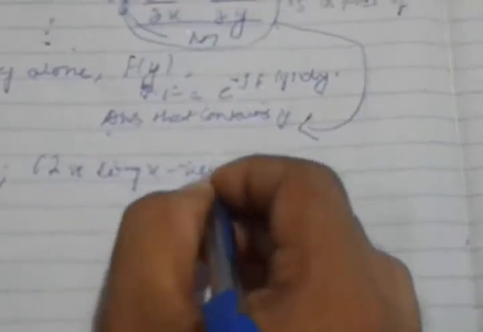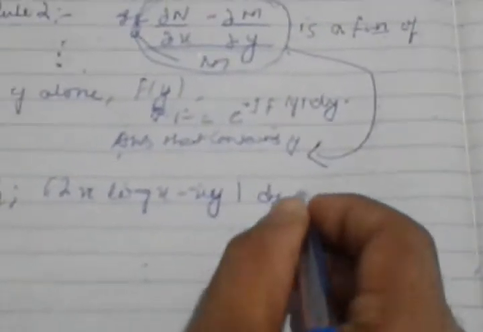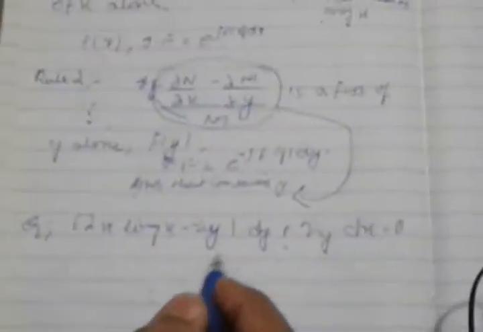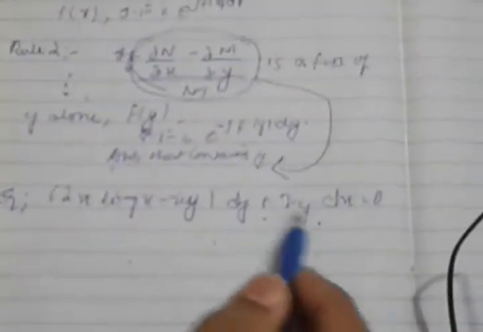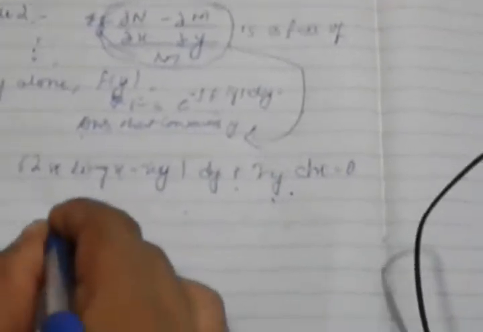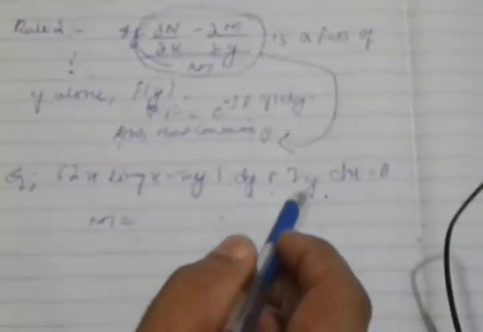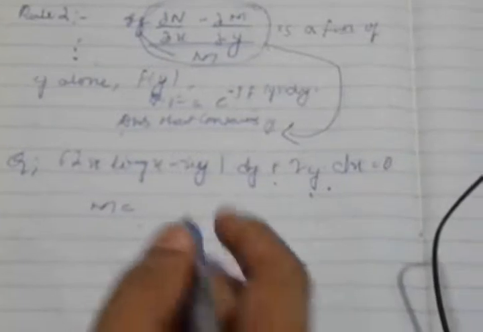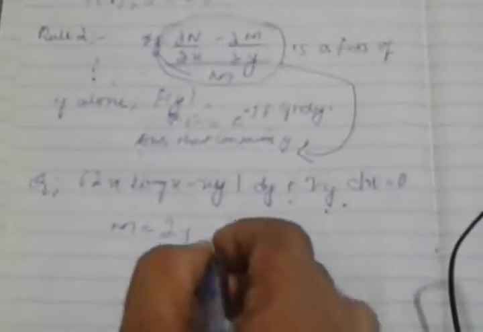So the question, we can choose any question. For example, I have chosen this one: (2x log x minus xy) dy plus 2y dx equals 0. So here M will be equal to 2y, as I told you earlier in the exact method, the term containing dx will be M, so M equals 2y.